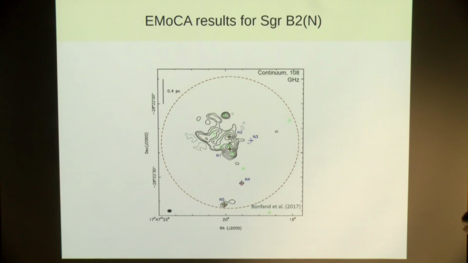So this is not just one high-mass star-forming source. It's actually 5, and now we can resolve them all. Now here we're going to concentrate on N2. N2 is the second strongest source here, but turns out for various reasons to be a little bit easier to identify molecules in its spectra. So what did we find?